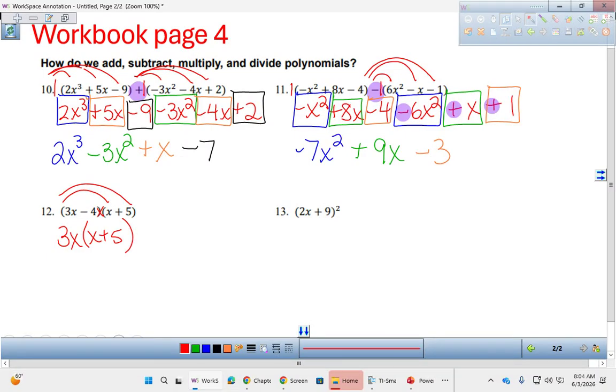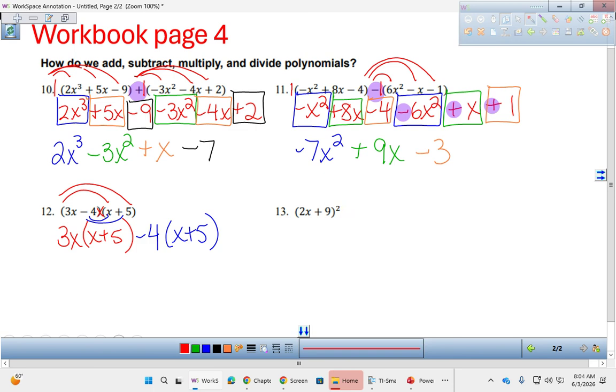And I'm going to take this minus 4 in the first set of parentheses, and I'm going to distribute it to the x plus 5. So with multiplication, I'm splitting apart the first parenthesis and giving each part of the first parenthesis the second one.